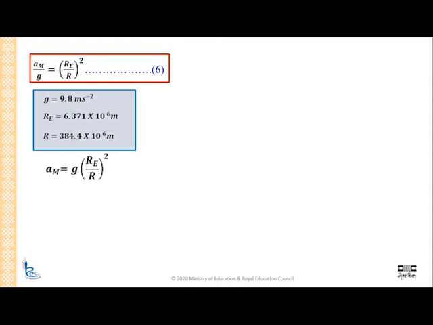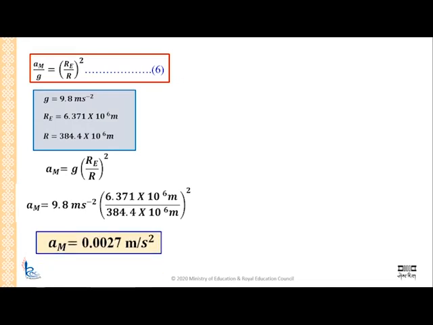With the formula am is equal to g (Re over r) whole square, and putting in the values, we get am is equal to 9.8 times (6.371 times 10 to the power 6 divided by 384.4 times 10 to the power 6) whole square, and calculating, we get the value of am as 0.0027 meter per second square.